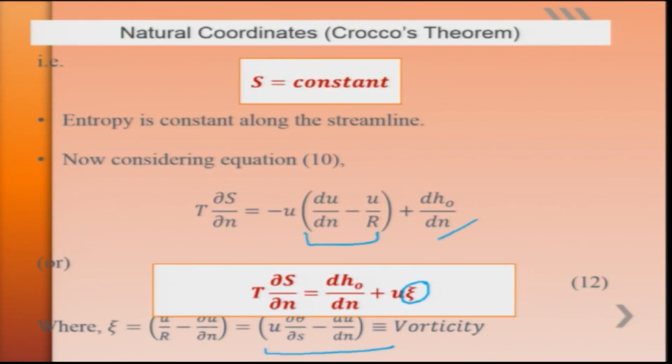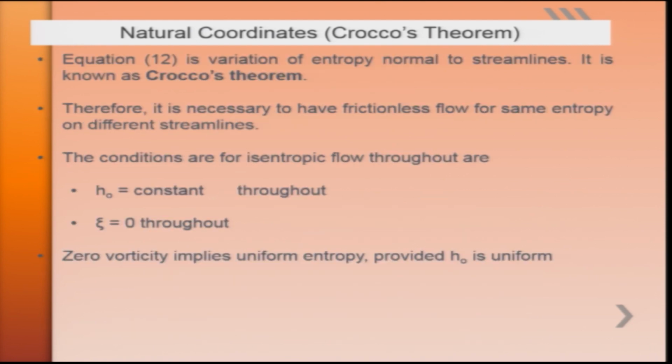So xi is u by r minus del u by del n, equal to u del theta by del s minus del u by del n, and this is nothing but vorticity. This is a very famous equation known as Crocco's theorem.